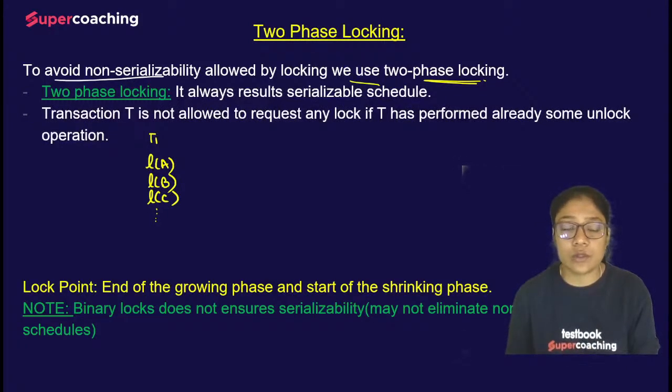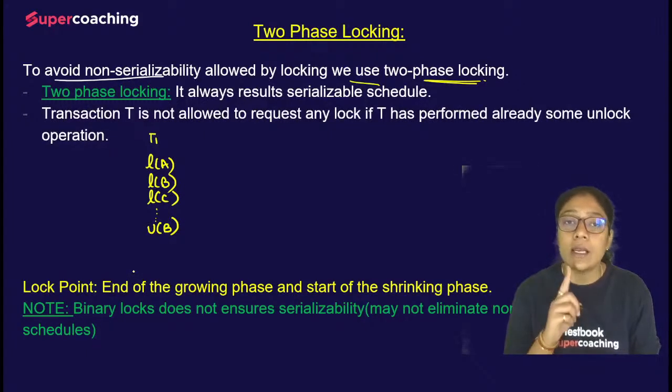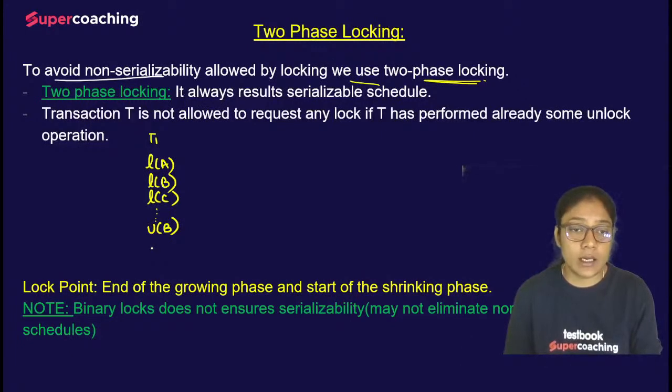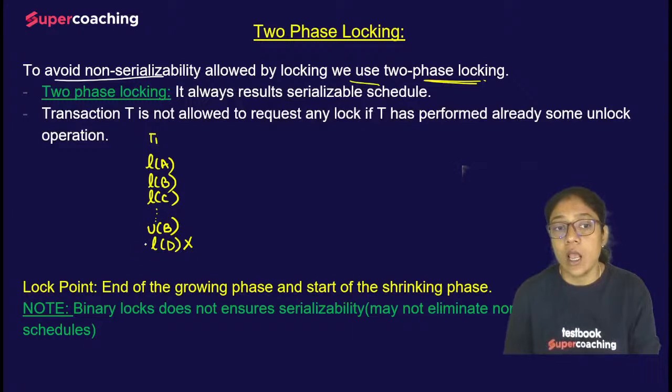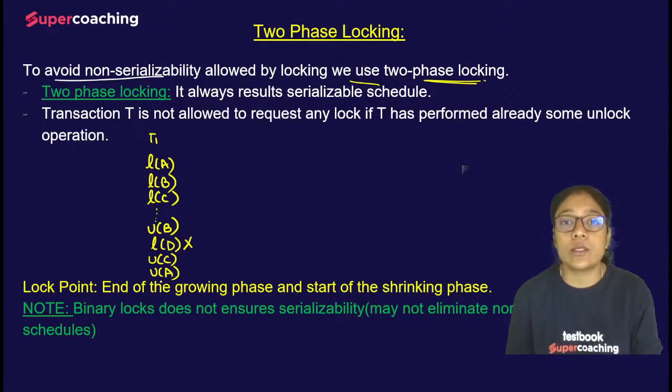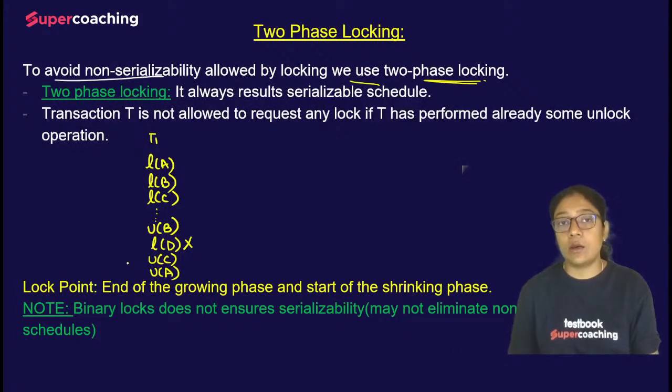There is no restriction on that. But once it has performed any unlock operation, अगर एक भी unlock operation आ गया, then it cannot request for some other lock. अगर एक बार अनलॉक हो गया देन उसके बाद सिर्फ और सिर्फ अनलॉकिंग होगी, that is it. It cannot request for a new lock if it has already performed any unlock operation.